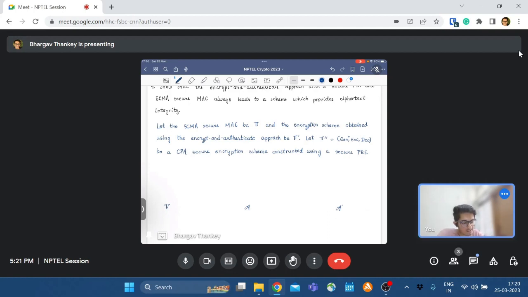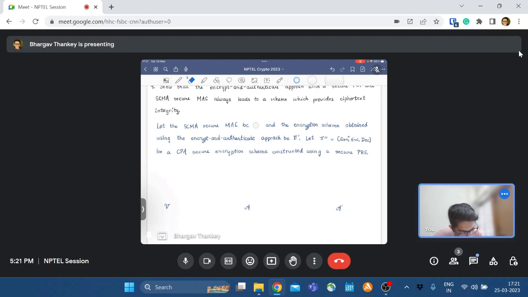Okay, so we have a CPA secure scheme and we have a PRF, so we can consider a CPA secure scheme from it, right? I would also need to define what pi is here.